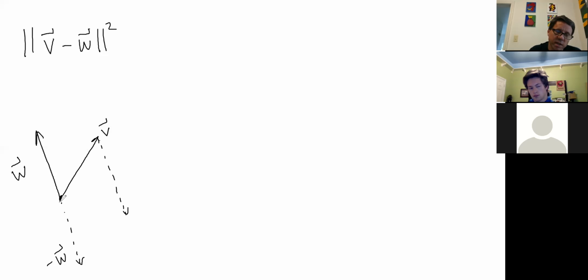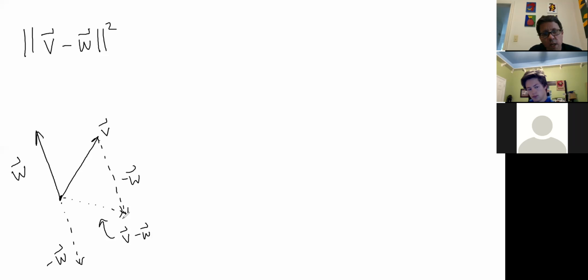Vectors don't necessarily have a fixed point. You can move them as long as they have the same direction and the same length. They're the same thing. So if I go V and then minus W, this vector is V minus W because I went V and then I followed the opposite of W.